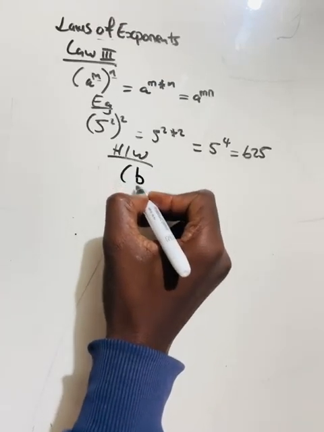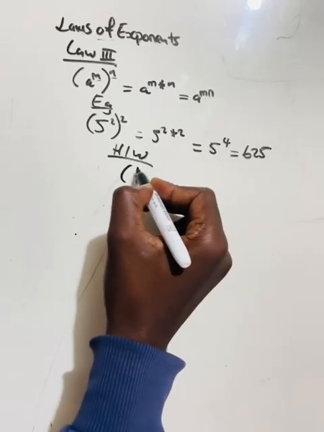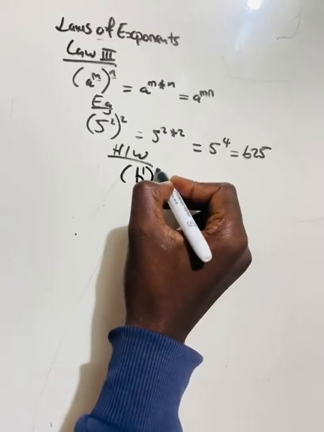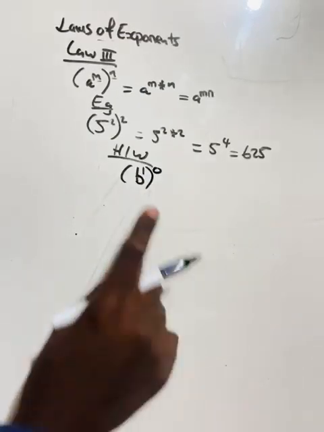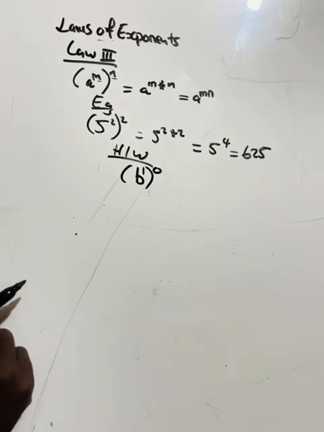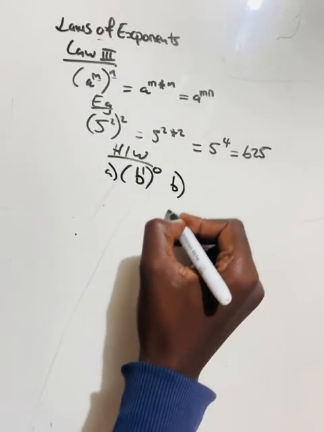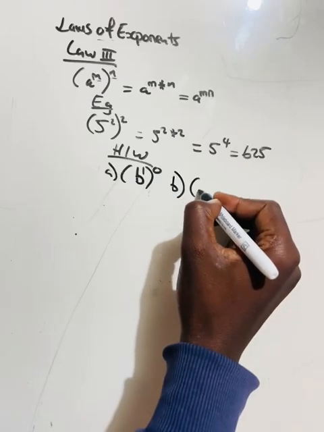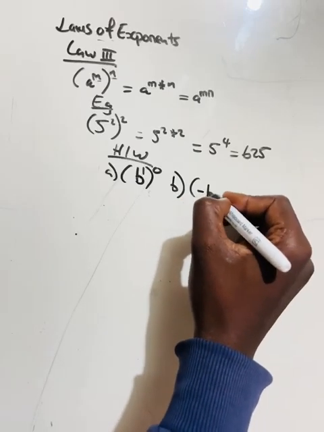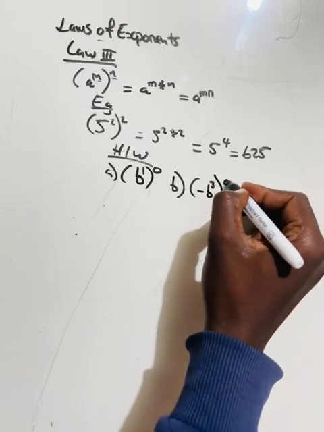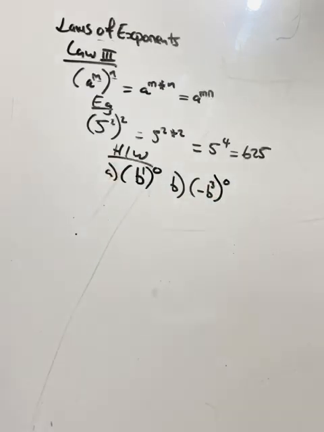So we'll use letter B, b to the power 1, close bracket, and the exponent is 0. Or this is A, B, you are given, open bracket, negative b to the power 3 multiplied by 0. Wow, these are interesting questions, right?